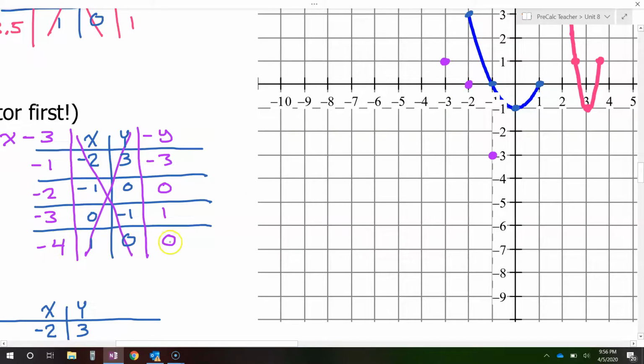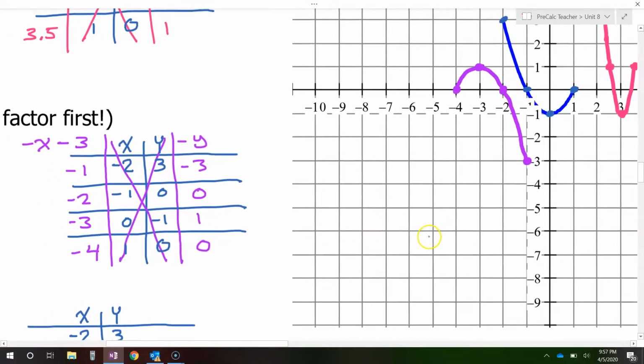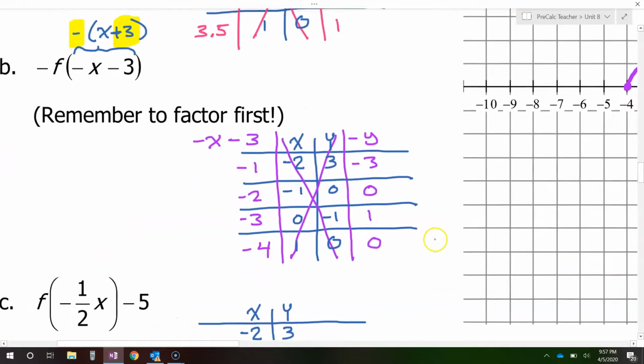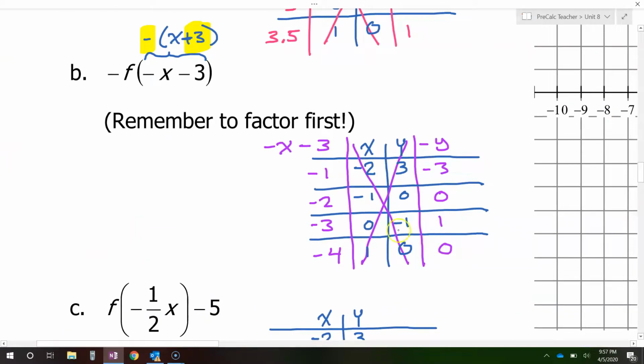And -4, 0 is going to be right here. All right, so we just need to connect these dots in a smooth way as best we can. And there you go, we've done it. Okay, that is the transformation part B.